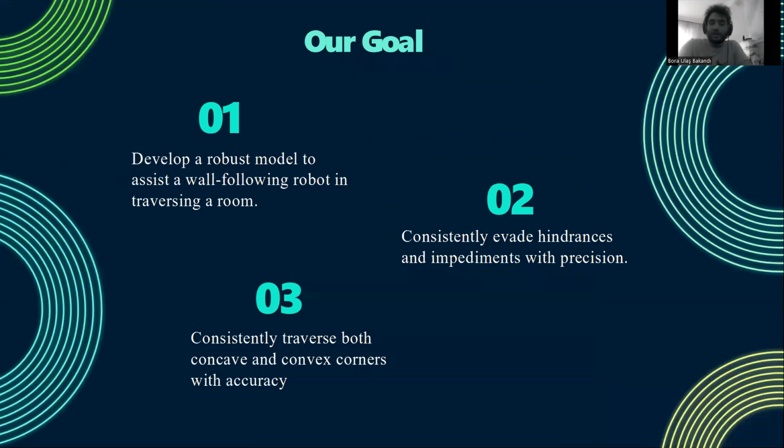Our goal with this data set is to first develop a robust model to assist a wall-following robot in traversing a room. Secondly, to consistently evade hindrances and impediments in its environment with precision. It must handle both concave and convex corners, since it follows the room in a circular fashion.